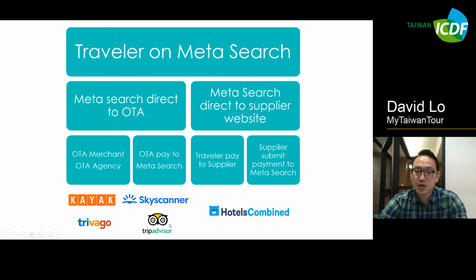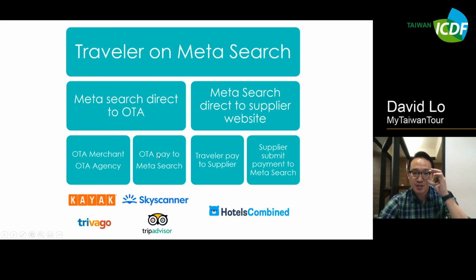Because meta search sites like Hotels Combined or Kayak are the entry door for this. They charge for the click-through, or a processing fee. So for this meta search business model, they charge the OTAs.